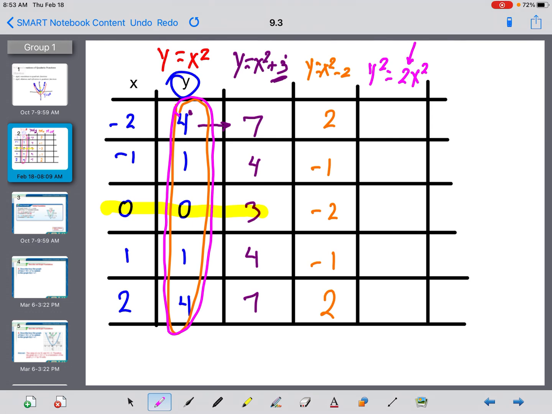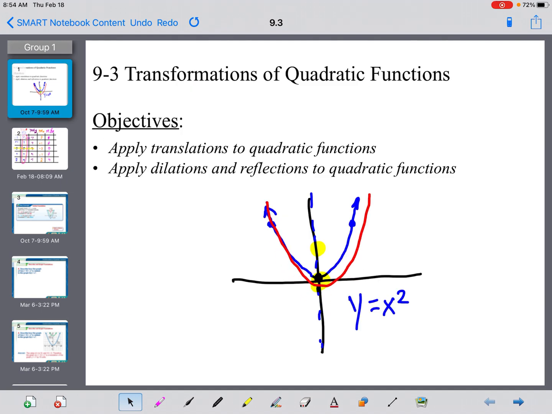So you're multiplying everything by 2 now. So that becomes 8 and 2 and 0 and 2 and 8. So hopefully you can see it goes up twice as fast, which means this graph that's sitting here, all of a sudden, it's going to go up twice as fast.